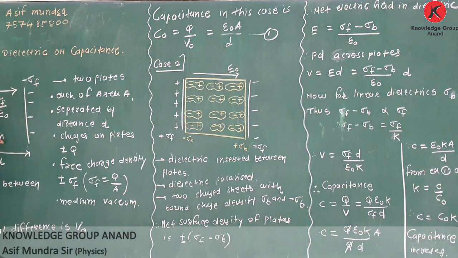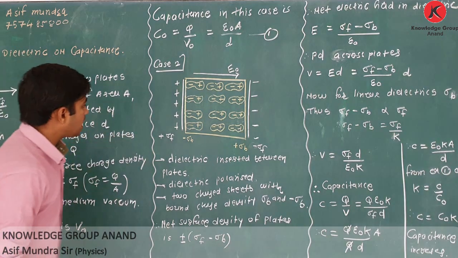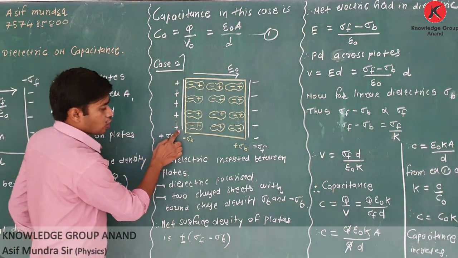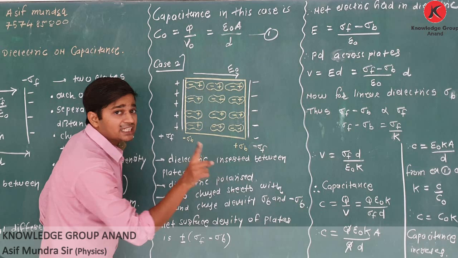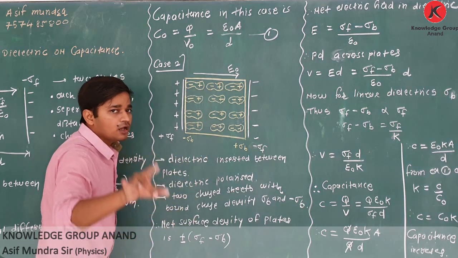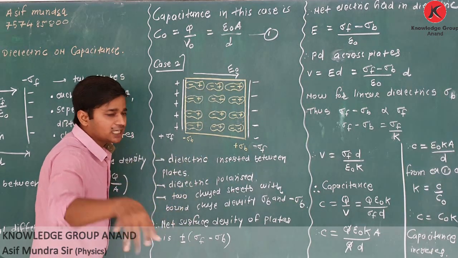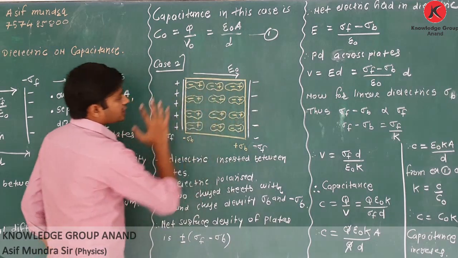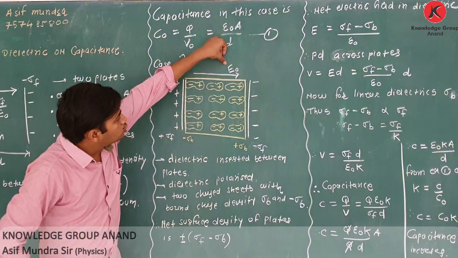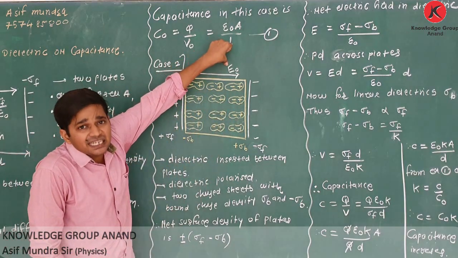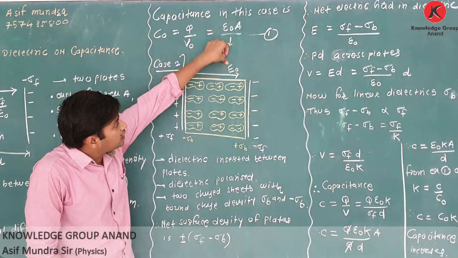Now, if this vacuum insulating medium is replaced by another dielectric, then what happens? See, on the plates, charges are due to the battery, free charge. Okay, the dielectric is placed. Due to charges on plates, meaning due to free charge, the electric field is E0.